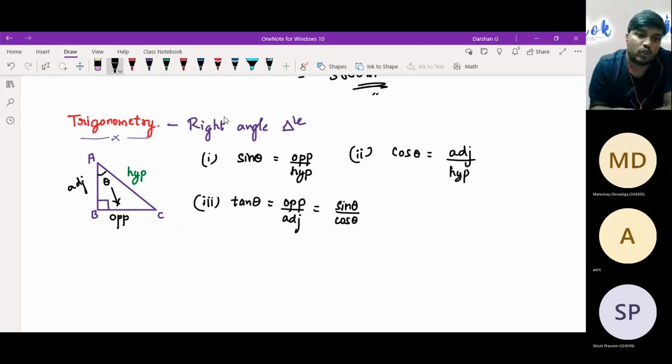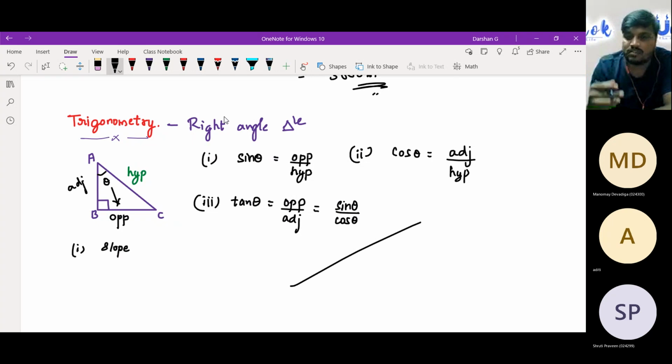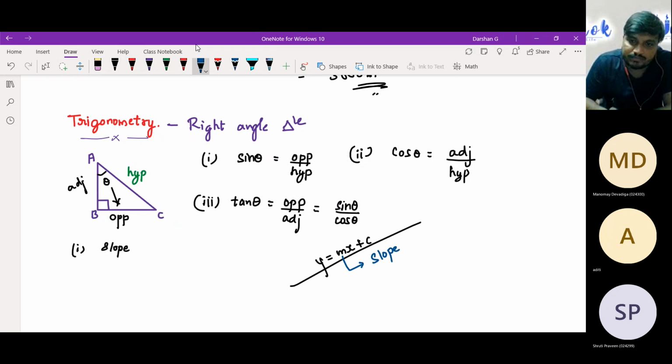One is slope. First topic is slope. Whenever I draw a line, you have it in your next class also. You'll be studying it in 10th standard, and in 9th also you might have it. Any straight line has an equation y equals mx plus c, where y is the y coordinate, x is the x coordinate, c is the intercept, and this m is called the slope.